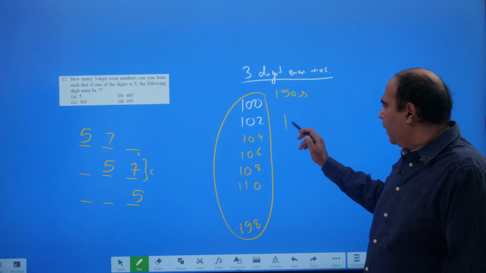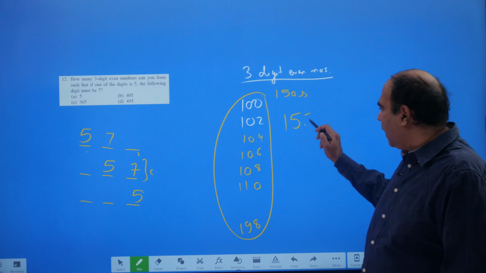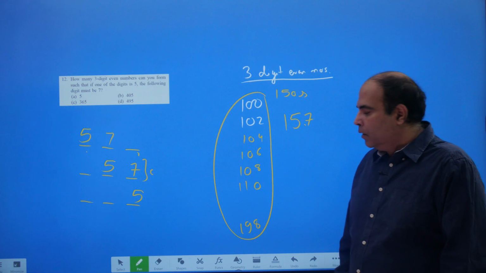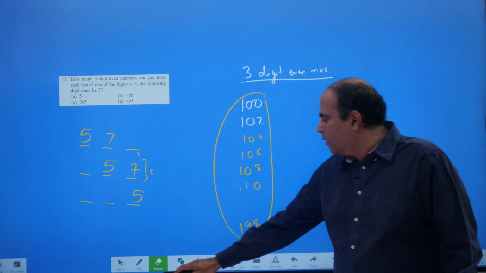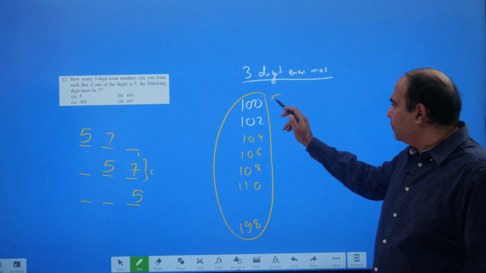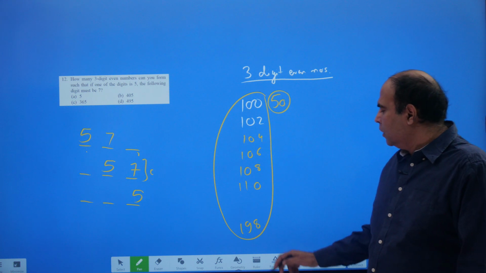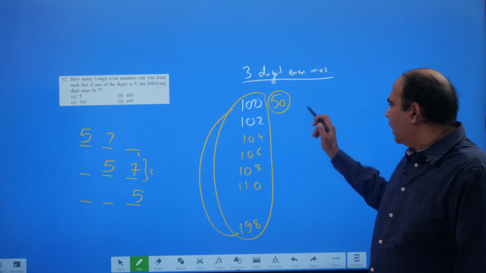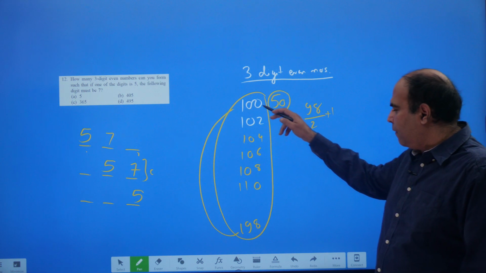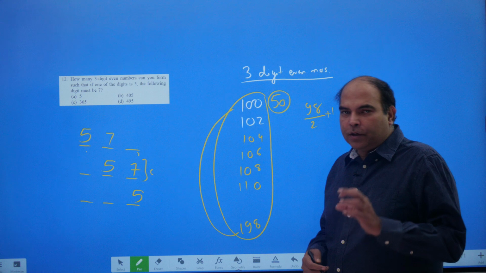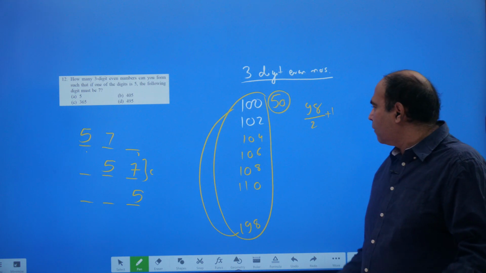Because if I go to 150, I can't take 0, because a 5 will mean a 7 following it. So in this series of 100 to 198, there are 50 numbers. Whenever you have a series like this, use progressions. The difference between the first and last term, 98, divided by the step 2, plus 1, gives 50 numbers, out of which 150, 152, 154, 156 and 158 do not have to be counted.